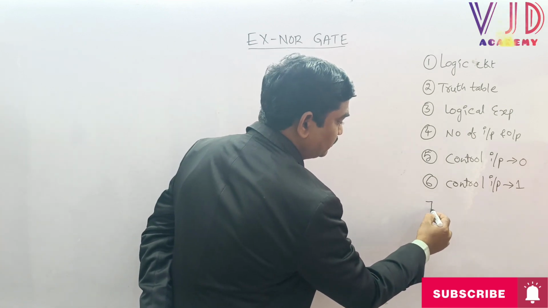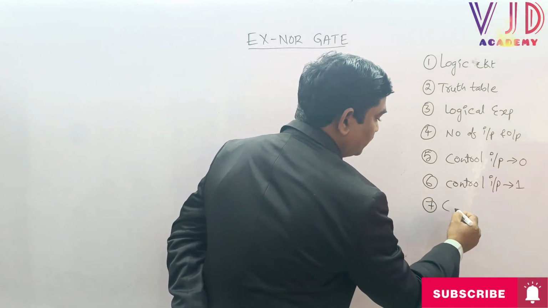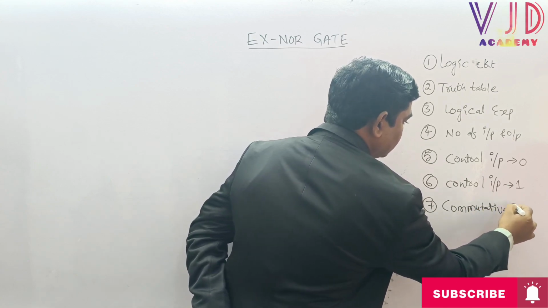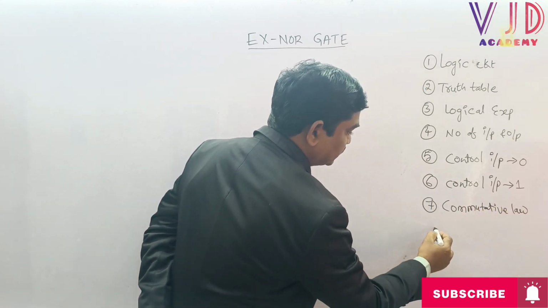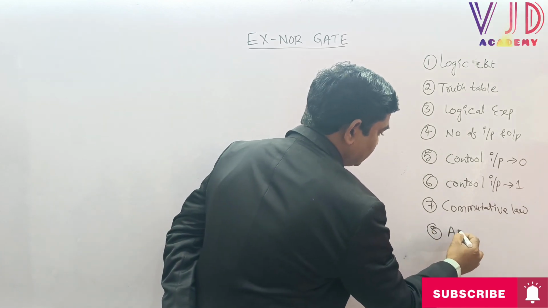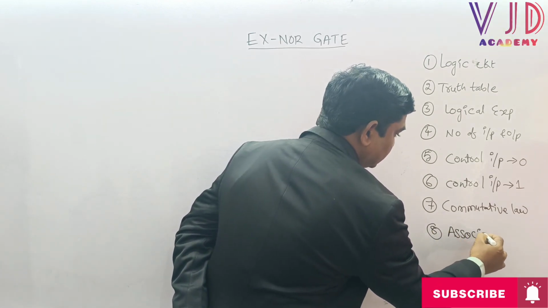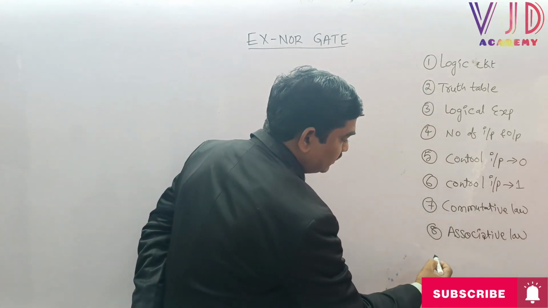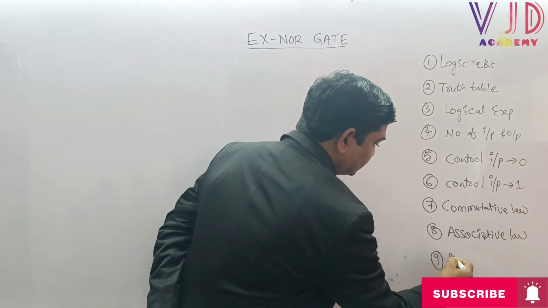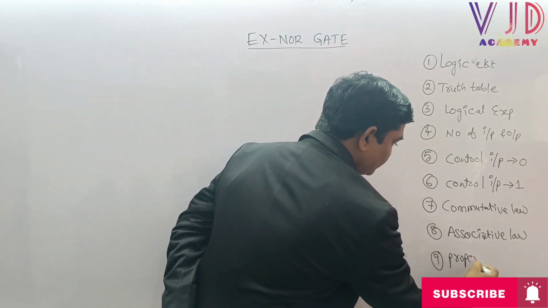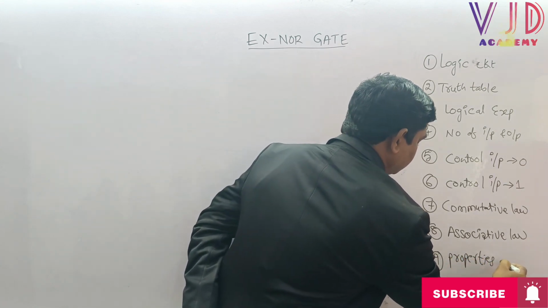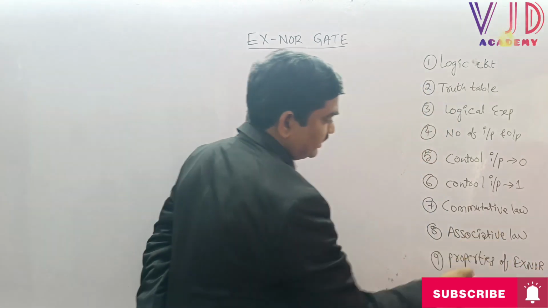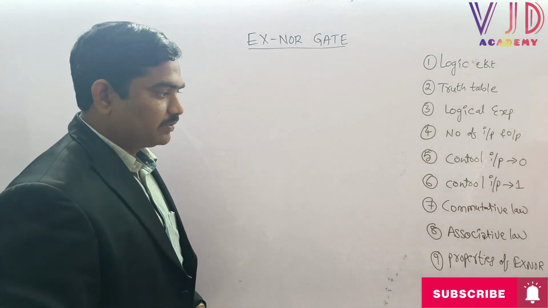And also we need to see what is the commutative law, and what is the associative law, and finally we need to learn what are the properties of the XNOR gate.